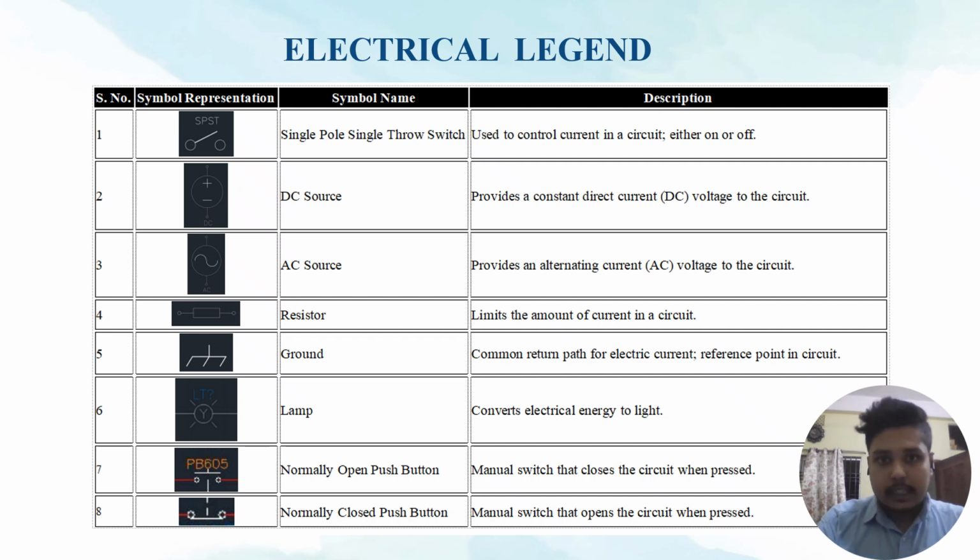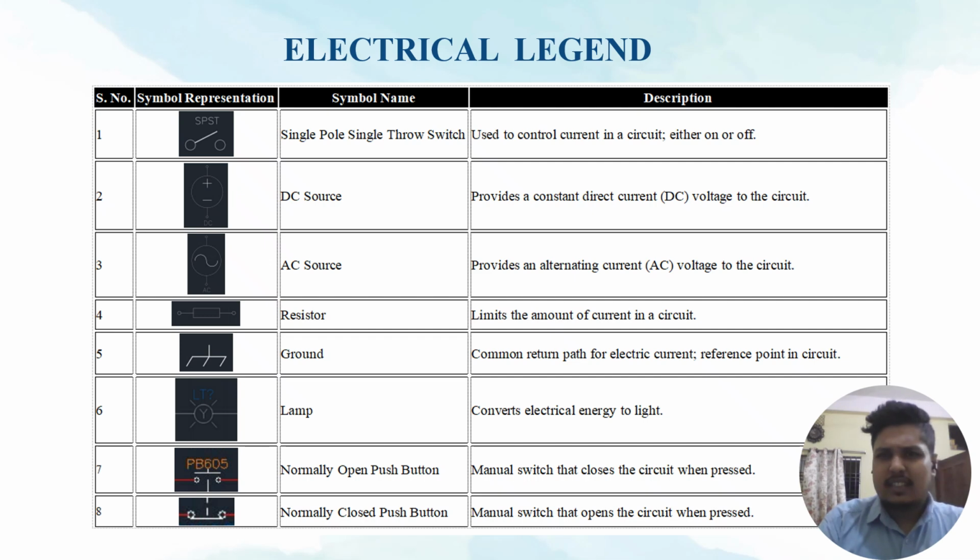So in this slide, we see the electrical legend matrix. This is basically the key to understanding any AutoCAD electrical drawing, just like a map has symbols, and our electrical drawings use standard symbols to represent different components. For example, we have a unique symbol for light fixtures. Here we can see, then switches, sockets, fans, circuit breaker, and distribution boards as well.